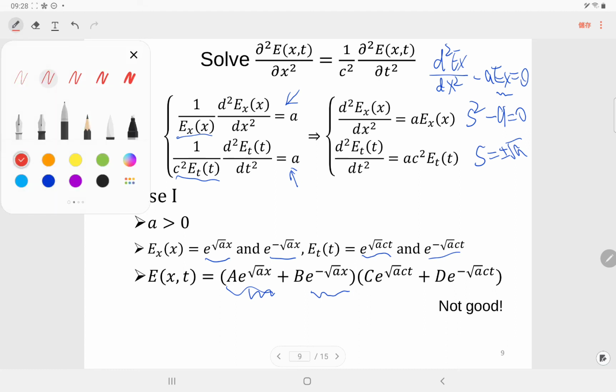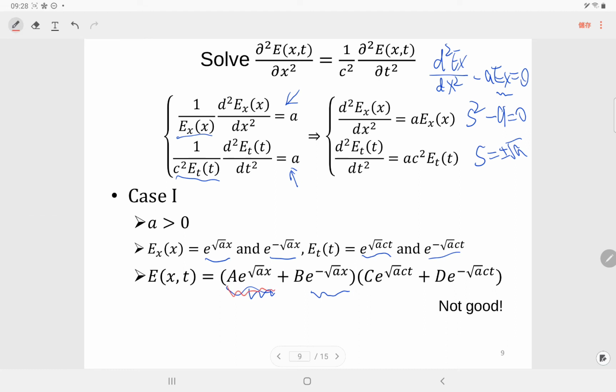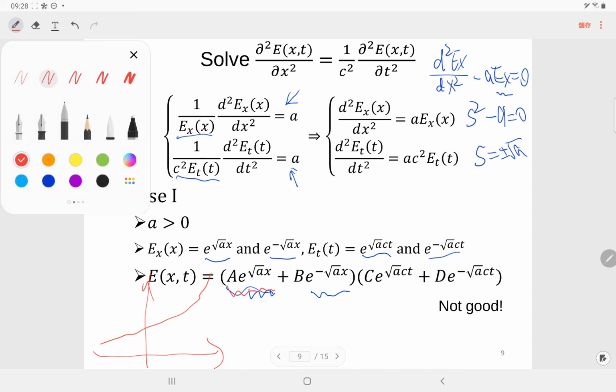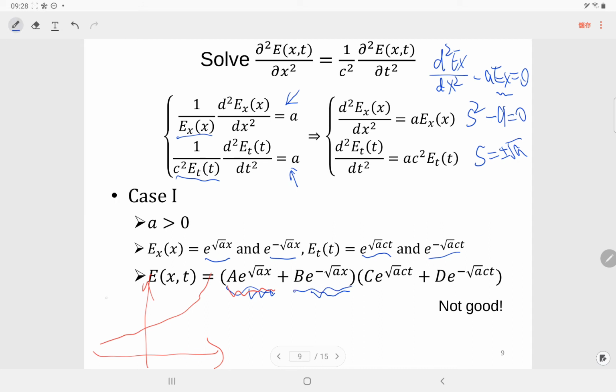So this term will exponentially grow to infinity, and for this term, it depends on what a and b are, and then you add them together, and similar for this one. So this is not what we would like to have. So we just discard this one.